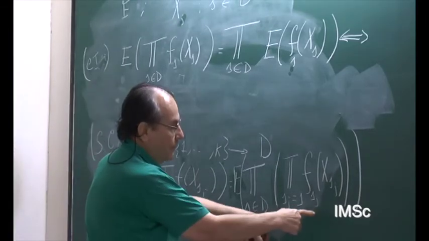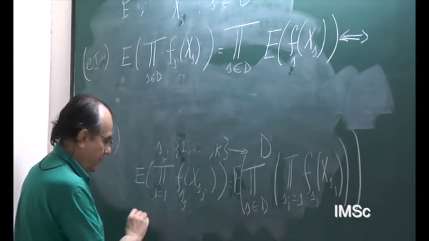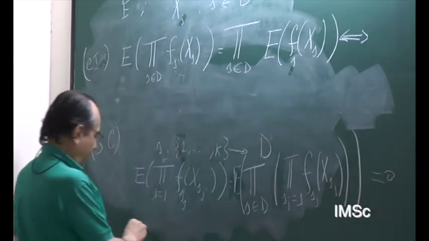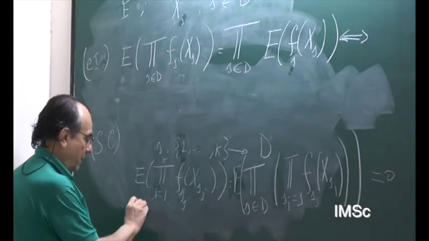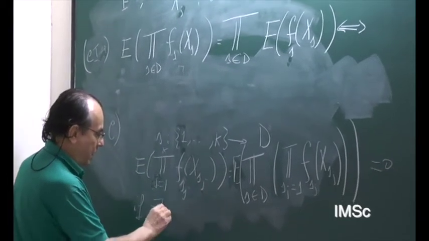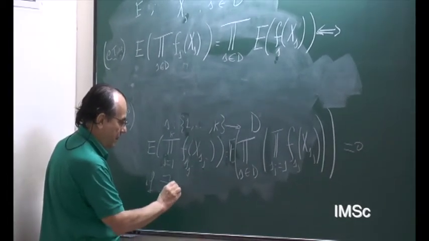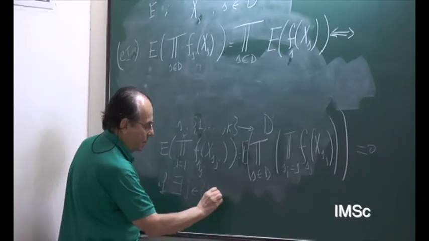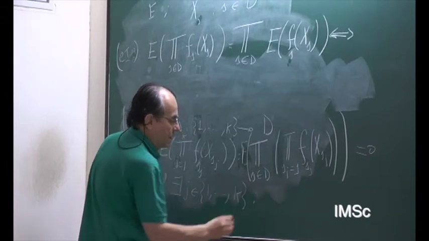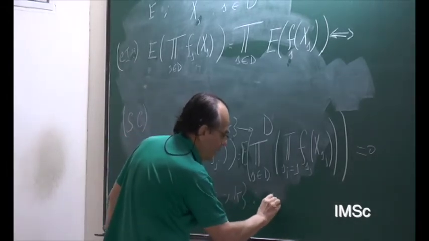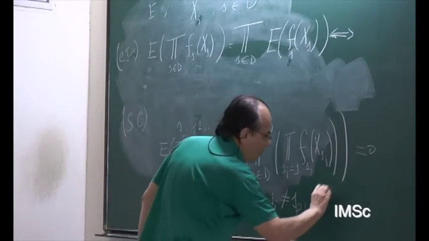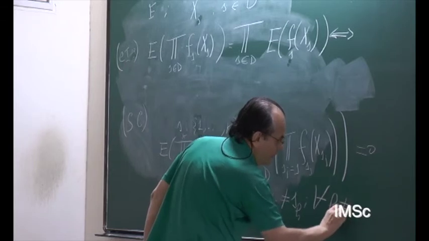This product will be equal to 0 if there exists an index j belonging to 1..k such that Sj is different from Sh for all h different from j.